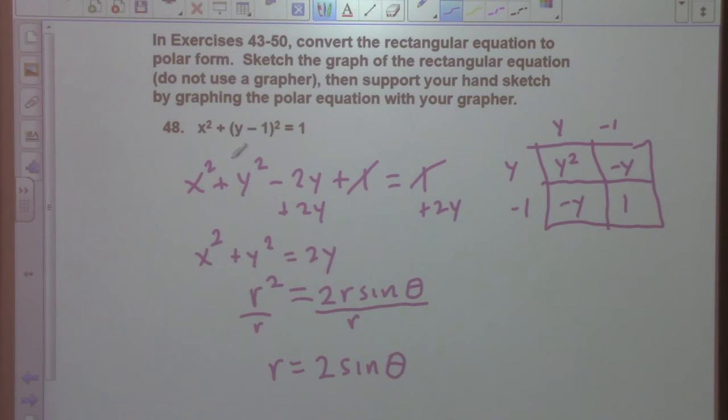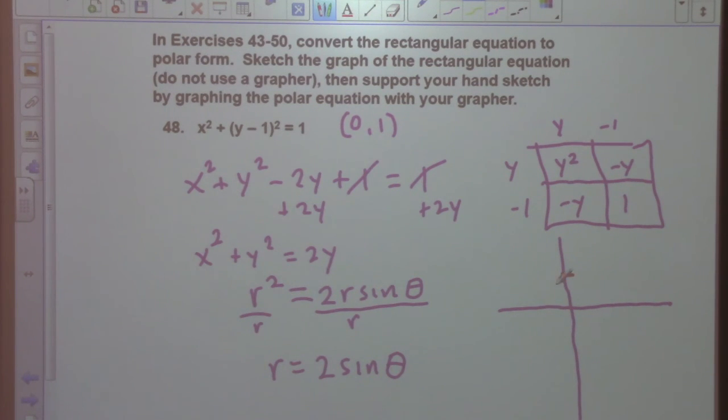And just before we graph this in the calculator, what is the position of our circle going to be, and size? What's our radius of the circle going to be? 1. And our center of the circle is going to be at x equals 0 and y equals 1. So here we have our center up here at 0, 1, and our radius of 1, right?